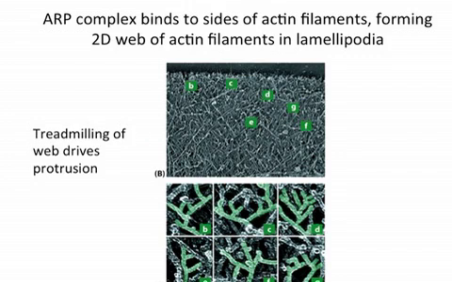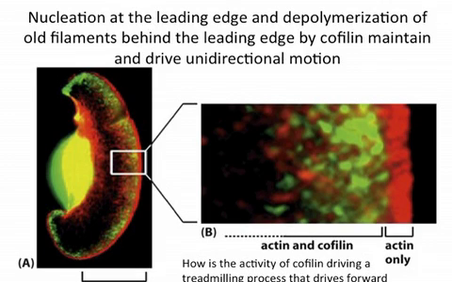So something must be removing something from the back end. What do you think that is? We've got ARP helping things grow at the front end of the leading edge, and at the back end, you're disassembling your actin, so there's more actin that can add to the front. We'll look at some pictures.